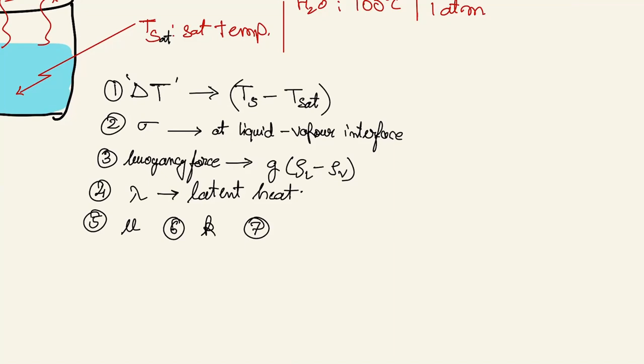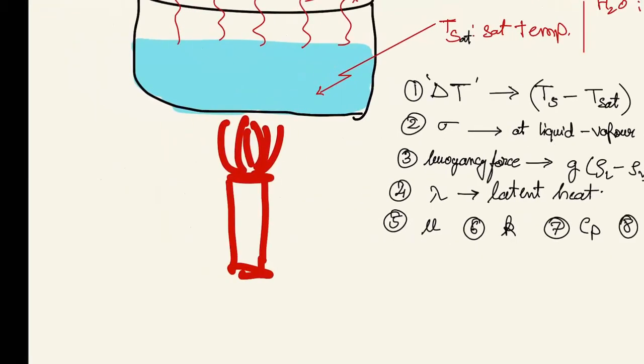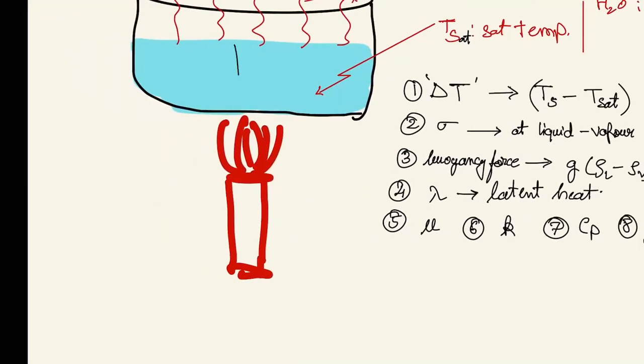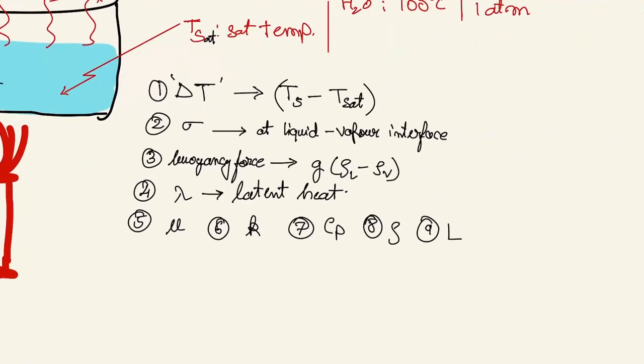So mu, the Cp value, Cp, mu, k, density, characteristic length scale, which in this particular case will be this length. And what are we missing out? g, delta T, rho, latent heat.